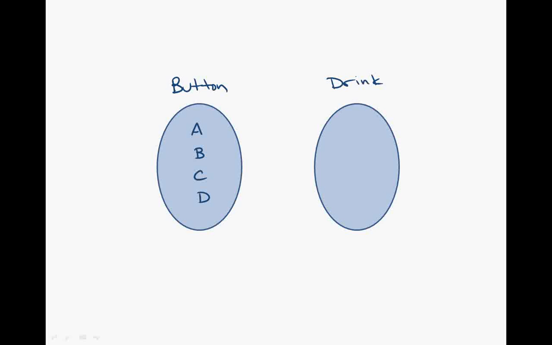A function is just like a working Coke machine. So for example, let's say we get the possible drinks: Coke, Diet Coke, Sprite, and Dr. Pepper. If you press button A, you get a Coke.